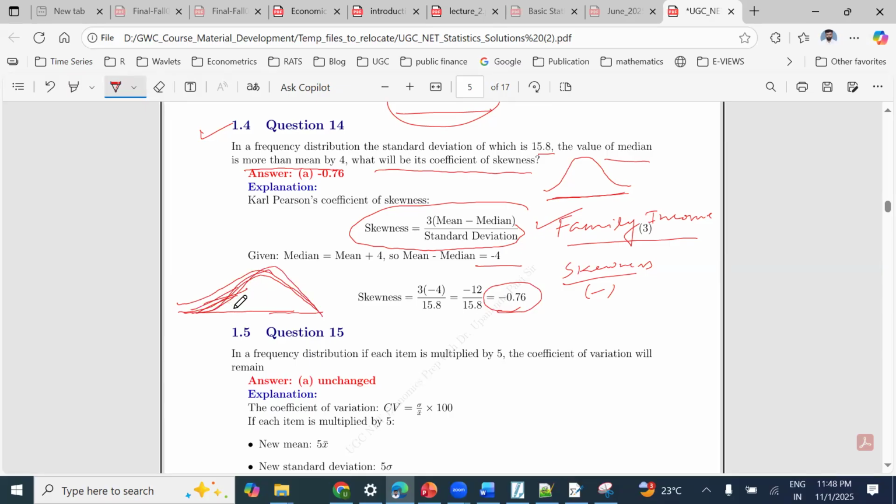Towards left means what? What exactly are you saying? It means fewer people are having more income, and very few families are having large income. As we know, in negative skewness, mean is greater than median is greater than mode. Mode represents the highest frequency. So the highest frequency means more people are having less income.